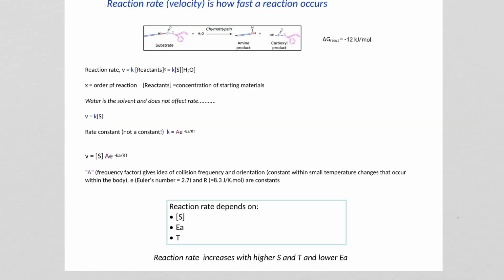So in this equation for the velocity of the reaction, A is called the frequency factor. This is a constant number. It gives us an idea of the collision frequency and orientation. As long as the temperature doesn't change too much, like what we see in the human body, this A is a constant number. e is a mathematical constant called Euler's number.